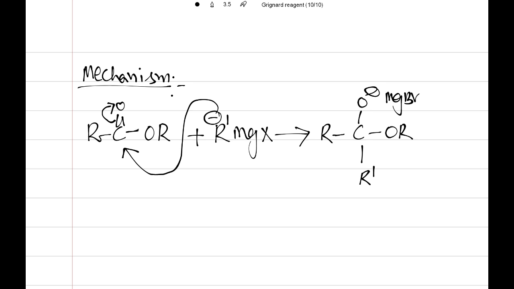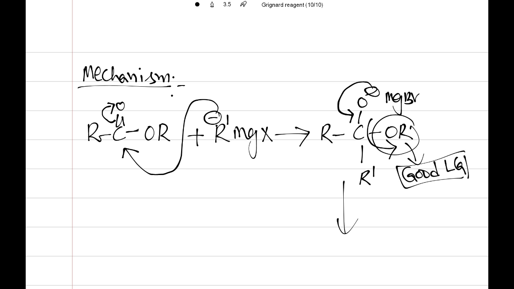Okay, now when compared to the CO bond, the CR bond is the strongest bond. Now when these electrons are shifted towards this one, the OR group will get eliminated. So OR is the good leaving group. Now what can we get from this one?